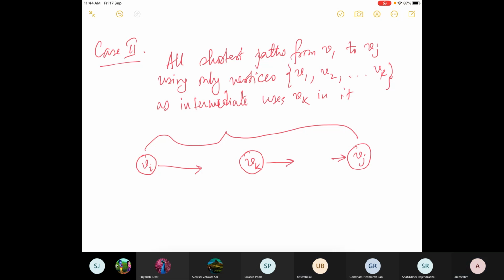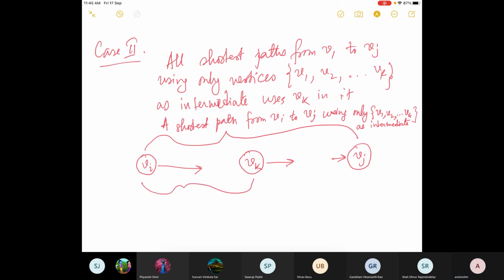So we are trying to compute a shortest path from Vi to Vj using only Vk as intermediate. Out of this, what is the first one?